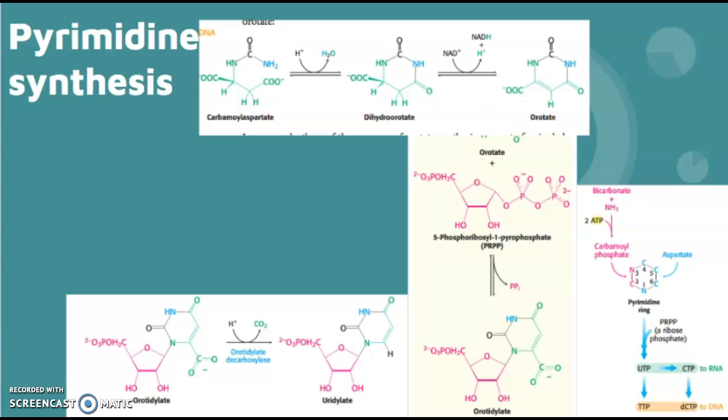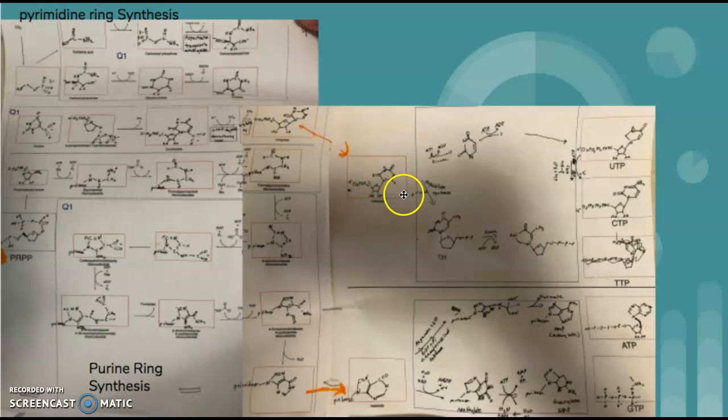And then NAD plus will be reduced to NADH to give us orotate. And then from there, orotate can be added to PRPP, the molecule we were talking about before, to give us the last intermediate in forming uridylate. And then here we can see UMP, with ATP being added to UMP by kinase to give us UTP, which can further be synthesized with glutamine and water to give us CTP, as well as an inorganic phosphate group.